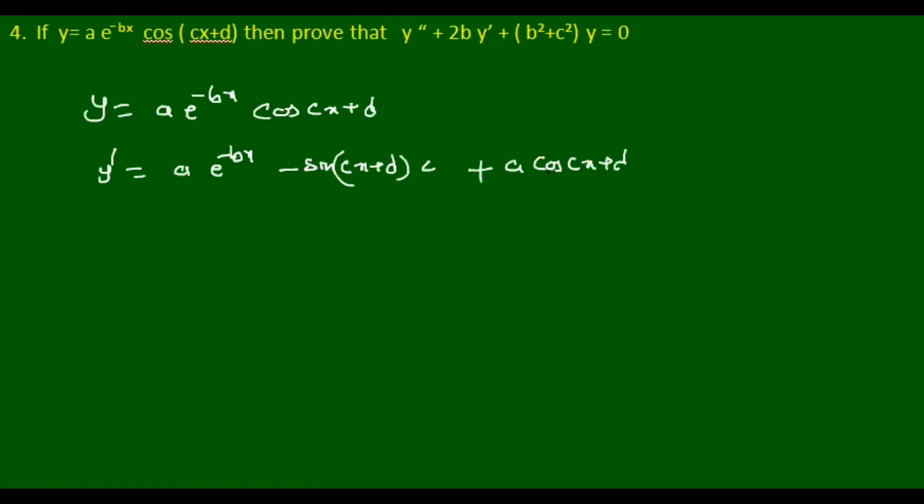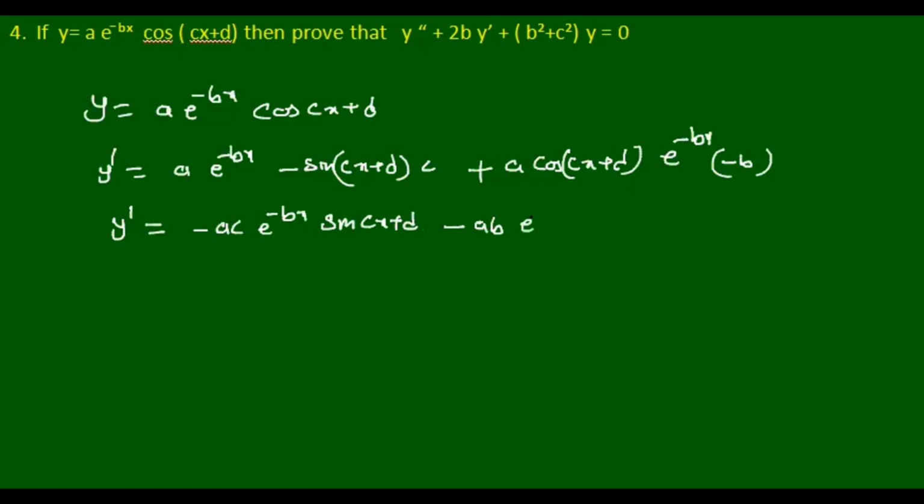If you take cos of cx plus d as it is, and e power minus bx derivative is e power minus bx, and then bx derivative is minus. So y dash is equal to minus ac e power minus bx sin of cx plus d minus ab e power minus bx cos of cx plus d.